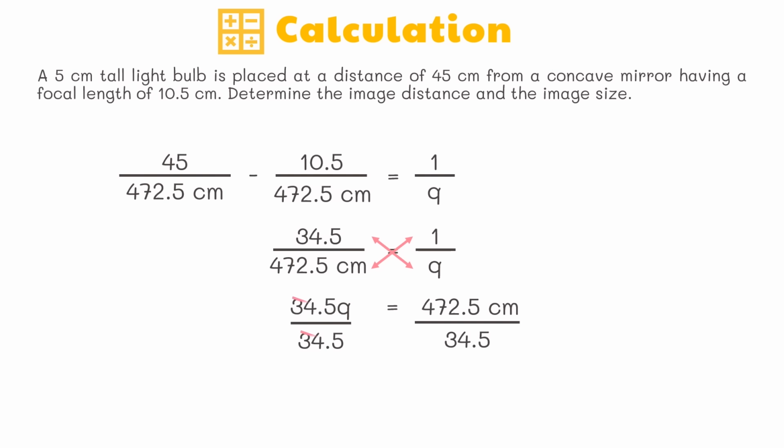We can cancel out the 34.5 on the left side, which leaves us with only Q. 472.5 centimeters divided by 34.5 equals 13.7 centimeters, which is the distance of the image from the mirror.